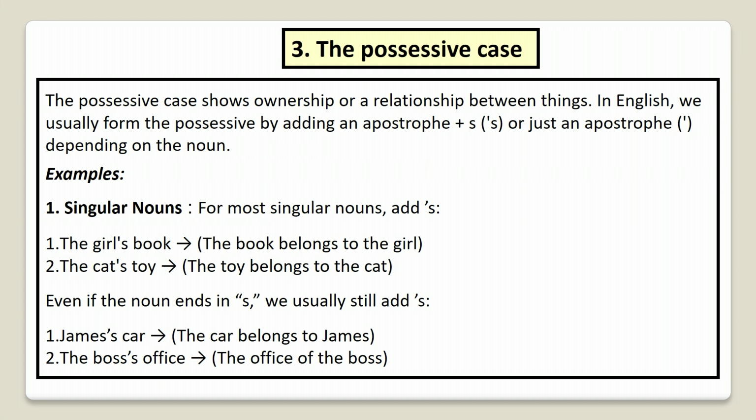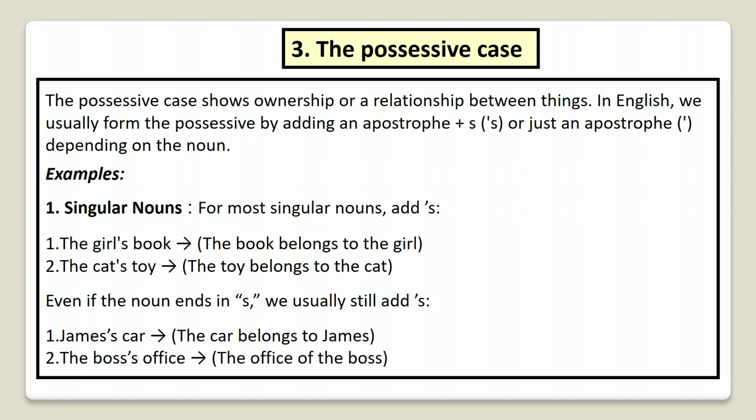The girl's book: the book belongs to the girl. The cat's toy: the toy belongs to the cat. Even if the noun ends in s, we usually still add apostrophe s. James is a name ending with s, and again we use apostrophe s.